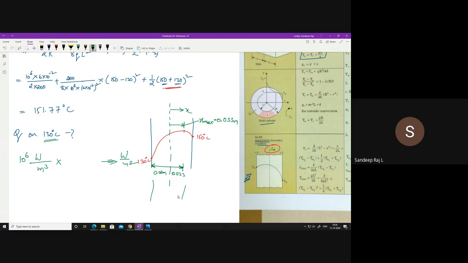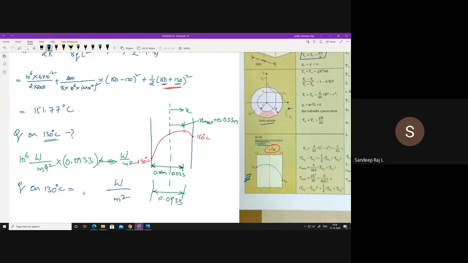So if I add it together, what I get here is 0.0933 meters. This meter goes, meter square remains. So what you get, Q on 130 degree centigrade, will be equal to so many watt per meter square.